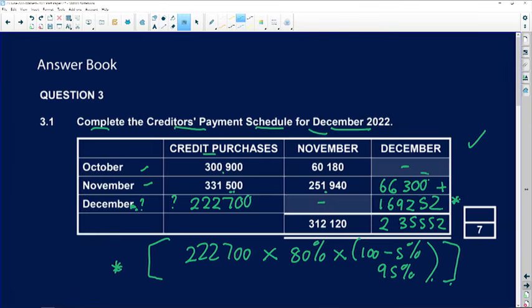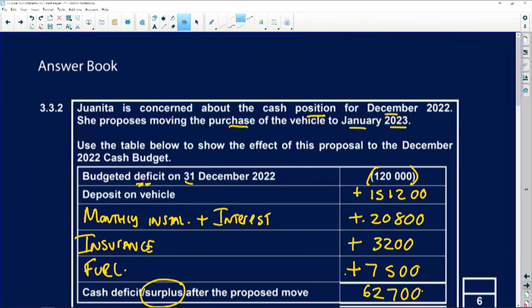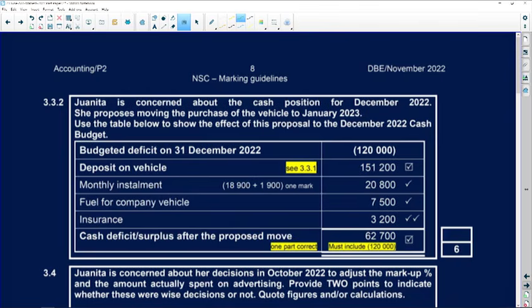So yes, this is a concern. Why is she only spending 8,000 and not the full 30,000? Because like I said, it could impact negatively on her business. So let's go to the actual memo and read further.